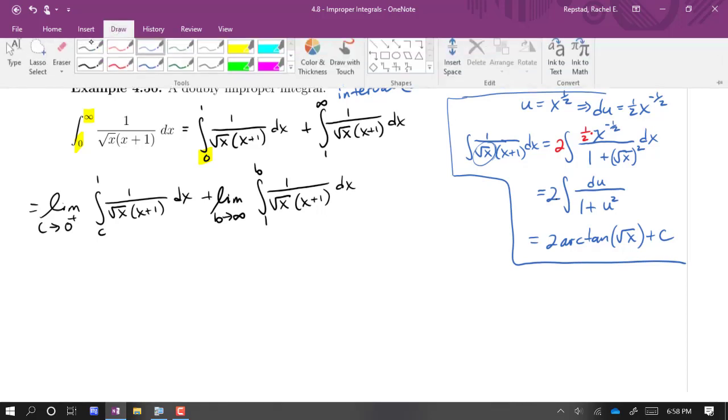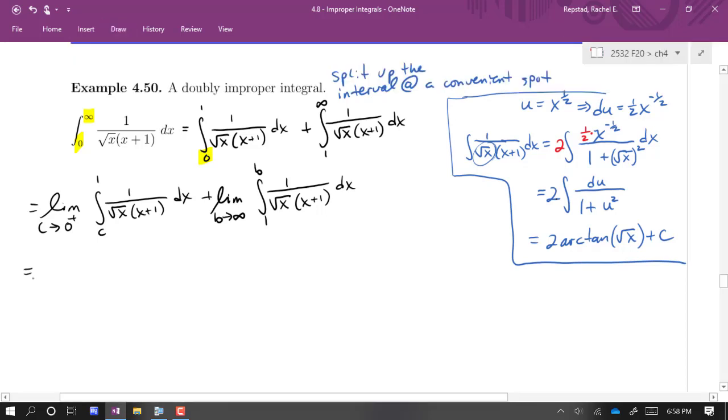So that's what we're going to use over here in the limits that we set up. So we've got 2 arctan of root x, and then our limits here are from c to 1. And then we'll do the same thing here with our limits being from 1 to b.